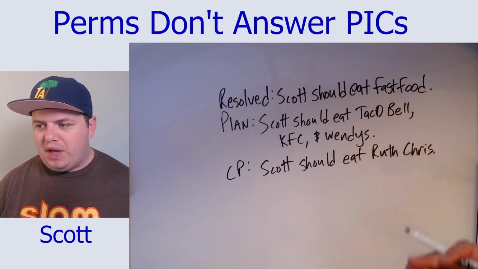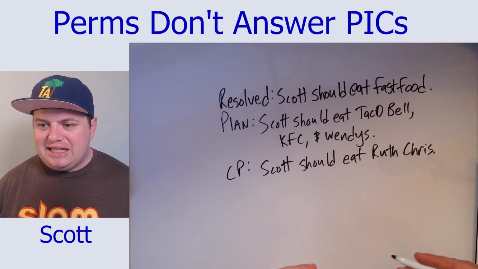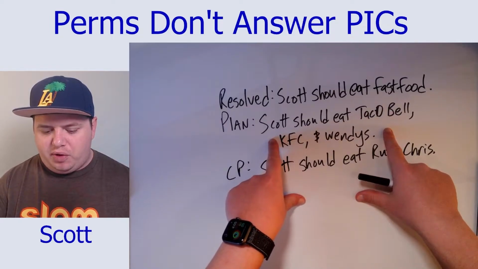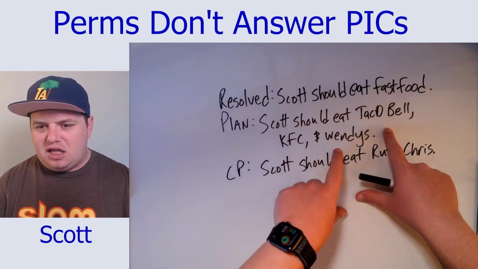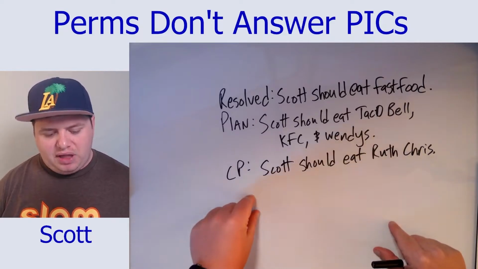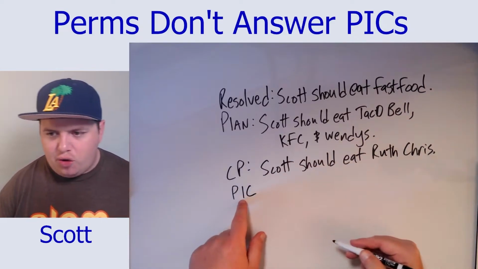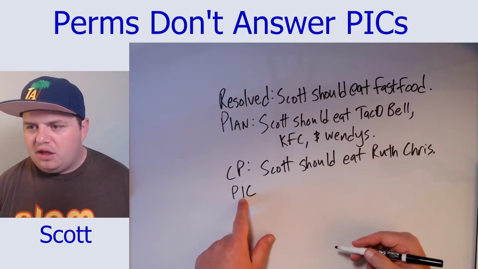So what is a PIC? A PIC is a type of counterplan that does the affirmative plan but does less than the affirmative plan. So plan inclusive counterplan, it's going to include the affirmative.